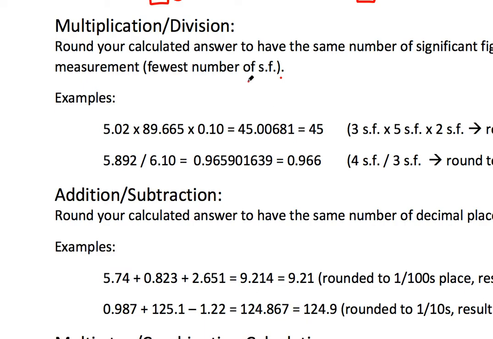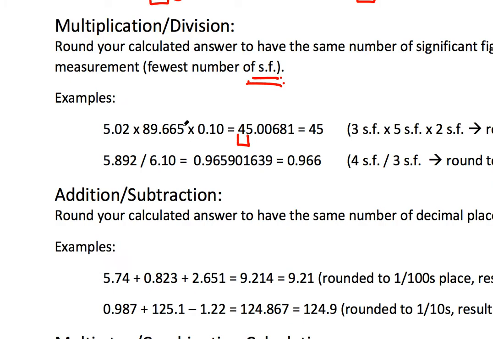And the reason for that is because your uncertainties are multiplying, so your uncertainties are getting big just by the fact that you're multiplying. And you can't have an answer that's more precise than your least precise measurement, right? So we're just going to round to our least precise one. So 3, 5, and 2. 2 sig figs is our least precise number.